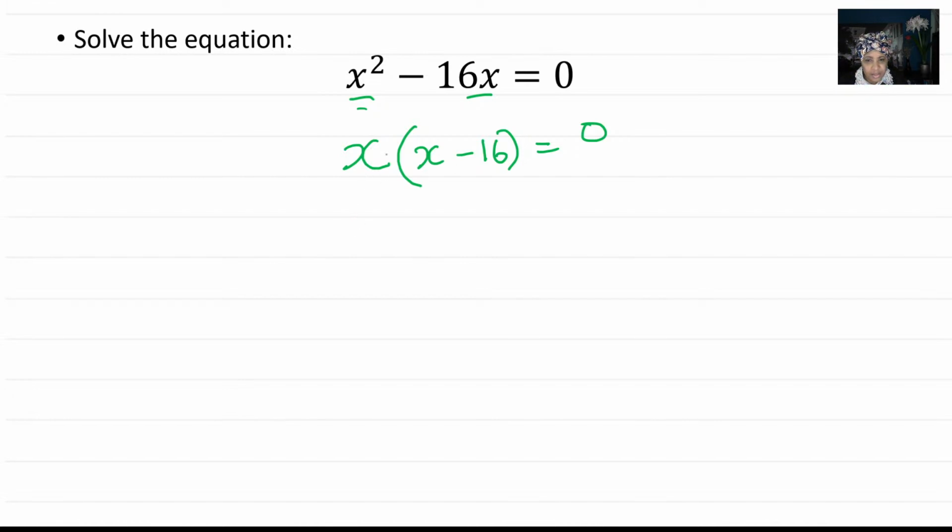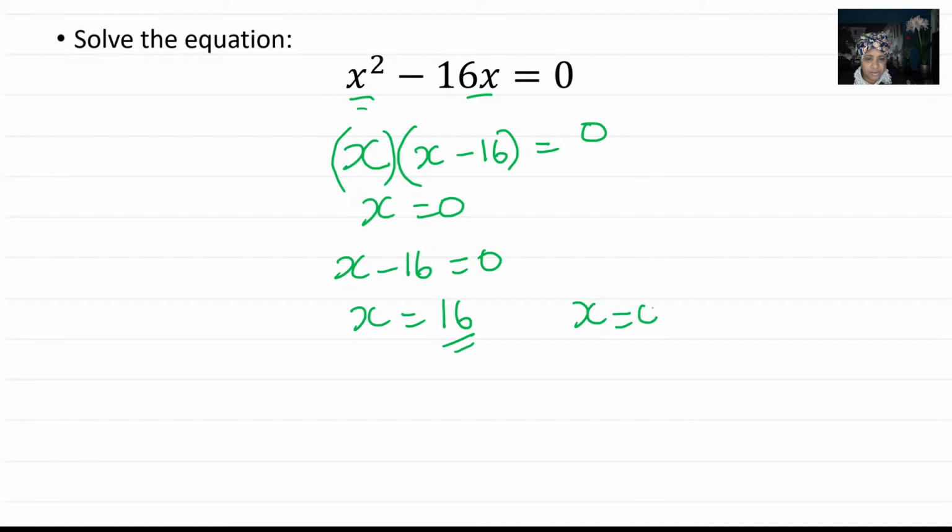So again, you can pretend like there's another bracket here, so x is equal to 0, that's one value, and from the next bracket you have x minus 16 equals to 0. Therefore, x is equal to 16. So your two values are x equals 0 and x equals 16. All right, let's do the next one, guys.